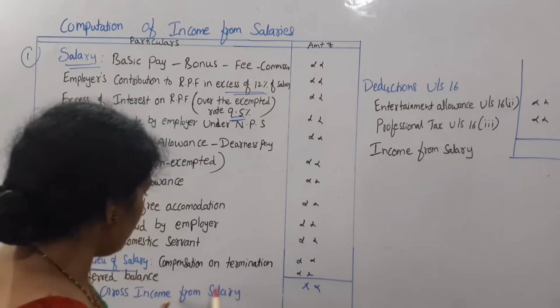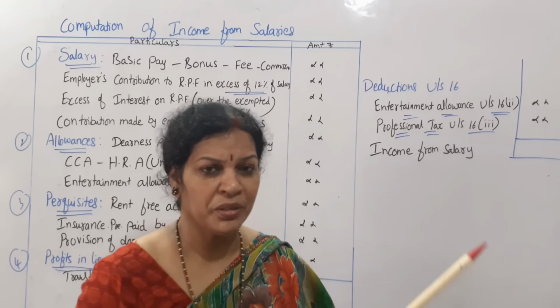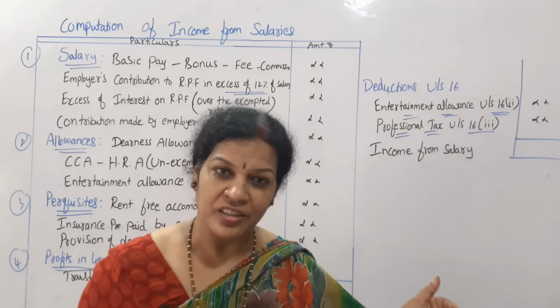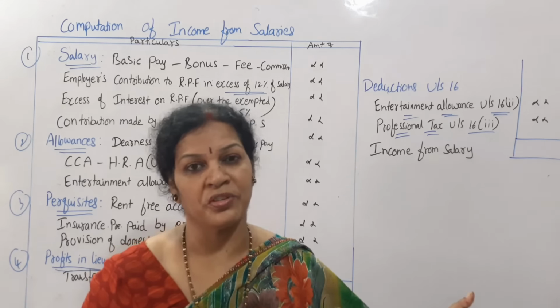Another one is professional tax, under section 16 subsection 3. Entertainment allowance is 16 subsection 2. Professional tax is section 16 subsection 3. These 2 deductions under section 16 we are going to deduct from this amount.